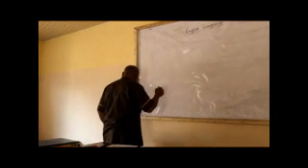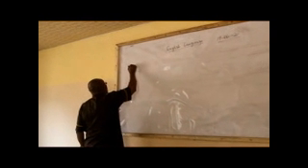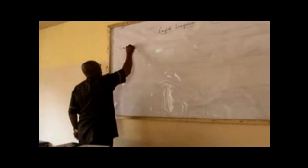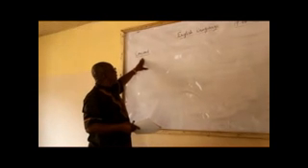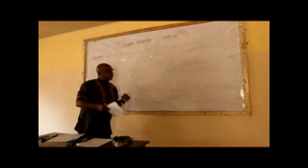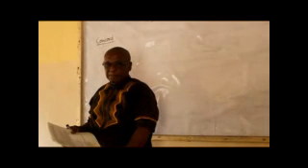Remember that when we discussed Concord, I told you that Concord is agreement and tense. When you write your sentence, the subject of the sentence must agree with the verb of the sentence.